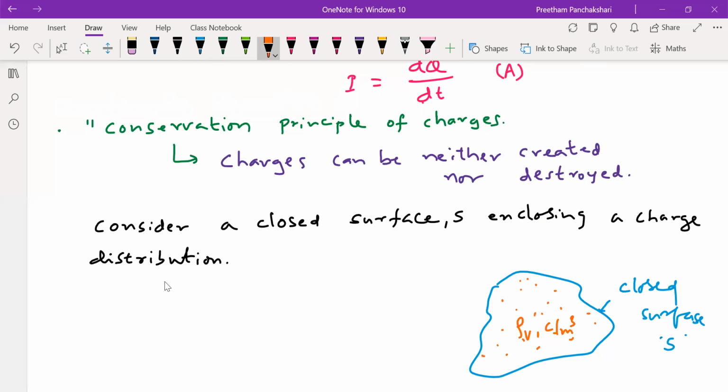Now, if these charges are permitted to pass through this closed surface to the outside environment, then we can say there is a current flow. That means if these charges are capable of moving out of this volume through the closed surface, then we can say that there is a current flow. And this current is denoted by I.